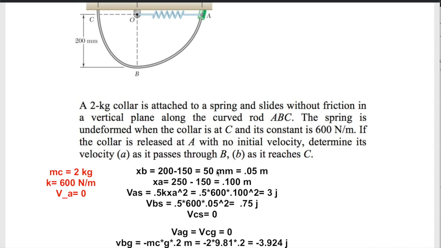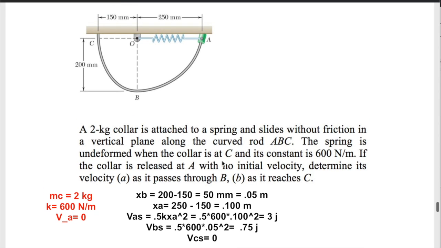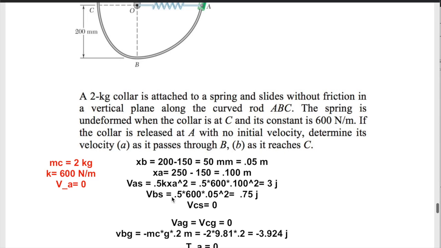So we're basically going to start by finding the elongation at both A and B, because we know it's not elongated at C. So for A, for example, we take this distance here minus the resting distance. We get 0.1 meters. Do the same thing for B. We get 0.05 meters.